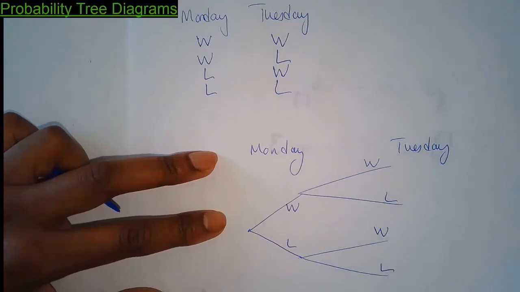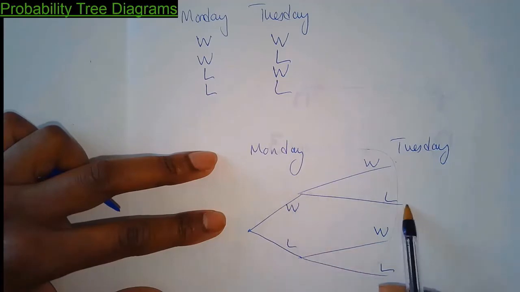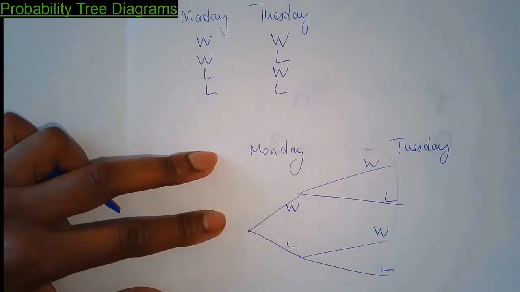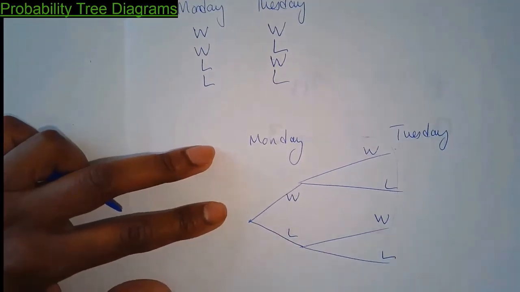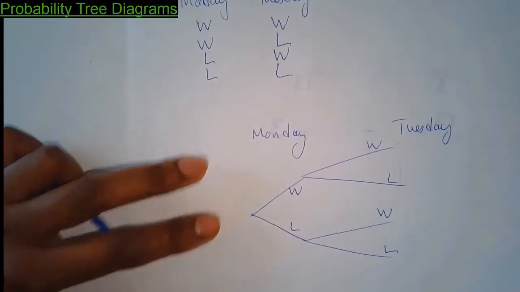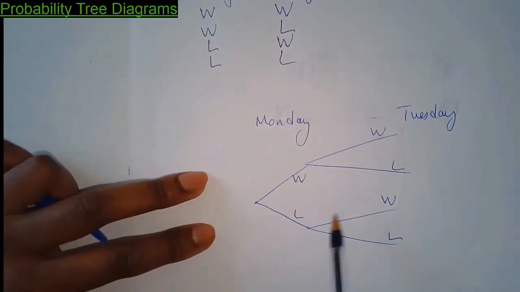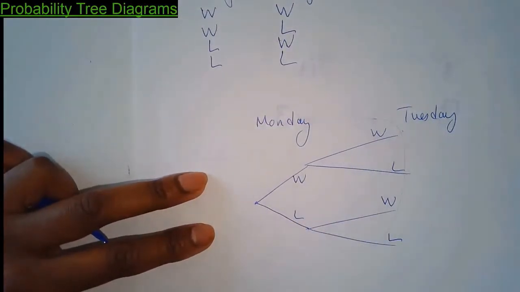There you go. So this represents Monday, this represents Tuesday. What could happen is I could win, win, or win, lose. What else can happen? Lose, win. The worst week ever, lose, lose. Four different timelines. That's a tree diagram representing this. Sample space diagram, tree diagram.